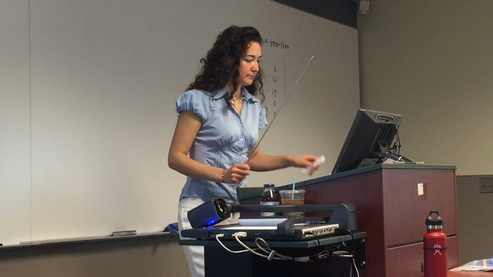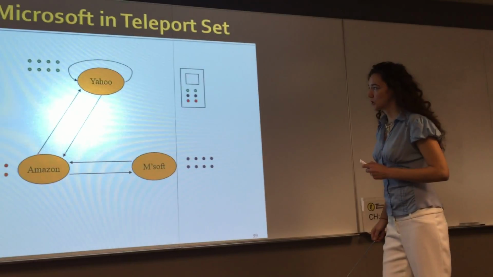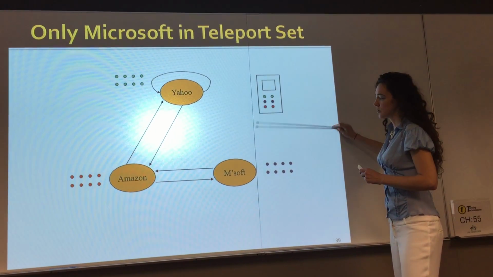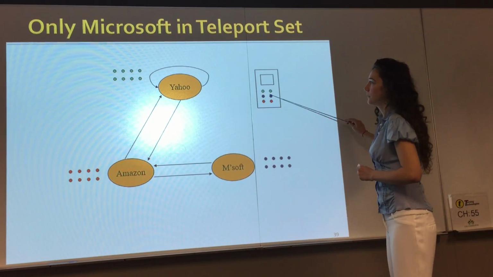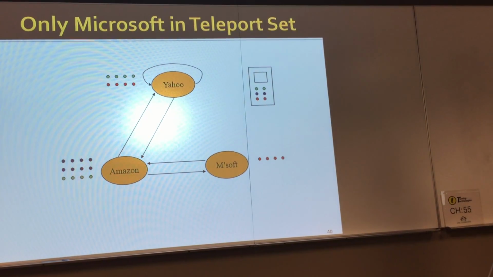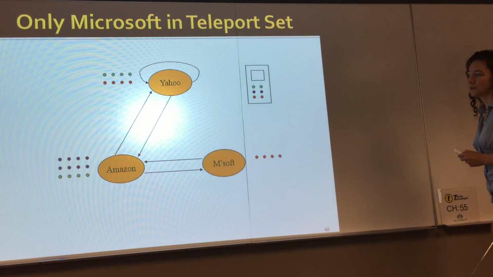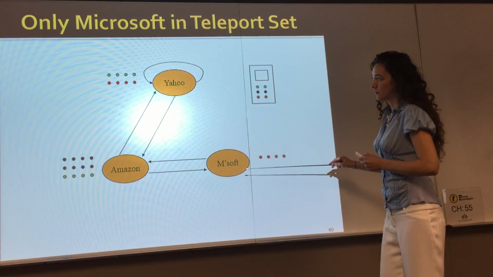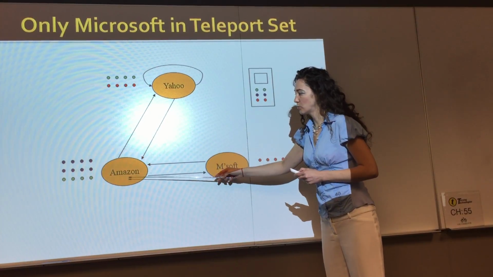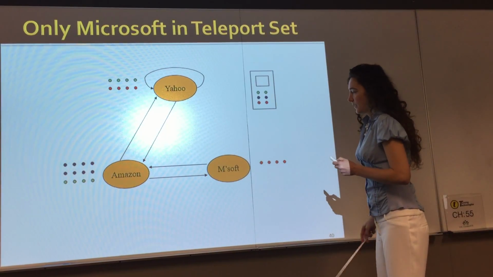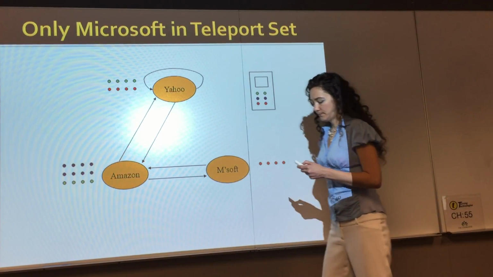So if we follow the equations that we had earlier, at a certain time, 20% of the walkers from each of the sites will get into this teleport set location. And after that, the rest will happen the same as it did before. Half the Yahoo guys go to Amazon, half the Amazon guys go to Microsoft, and all the Microsoft guys go to Amazon.